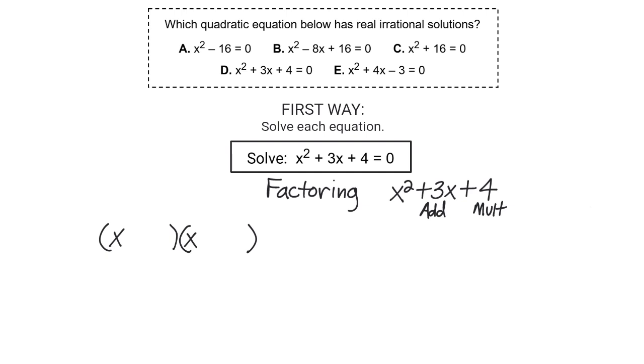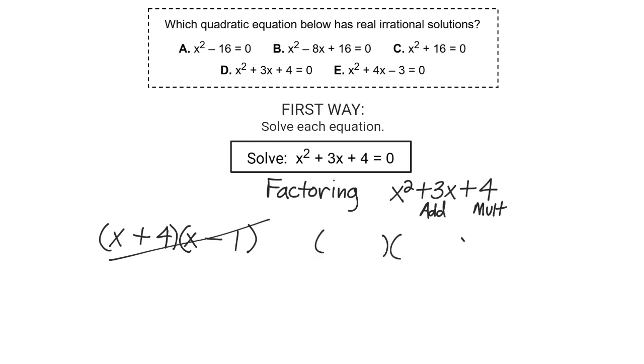To multiply to 4, we can use 4 and 1. And to add up to 3, we can use positive 4 and minus 1, because 4 plus -1 definitely gives us 3. The only problem with this is 4 times -1 gives us -4. It doesn't multiply to positive 4. So this doesn't work.